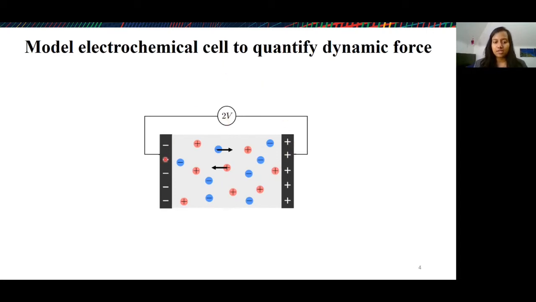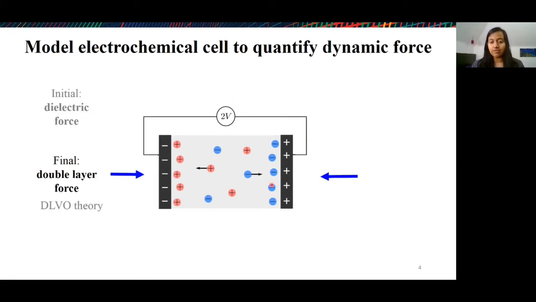So we have our two charged surfaces, which are essentially interacting through a dielectric medium, and the force of interaction between these two surfaces in the initial state is basically the dielectric force. Now, as the ions in the electrolyte respond to the applied voltage, they move towards the oppositely charged electrodes, and they form diffuse layers of charge in front of each electrode.